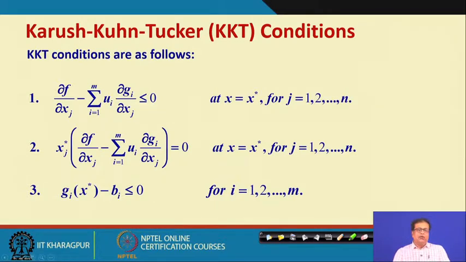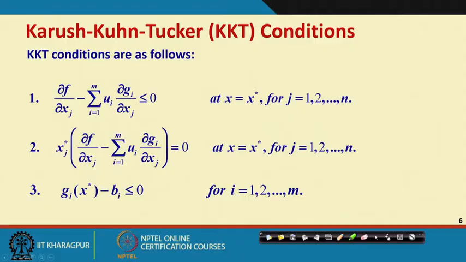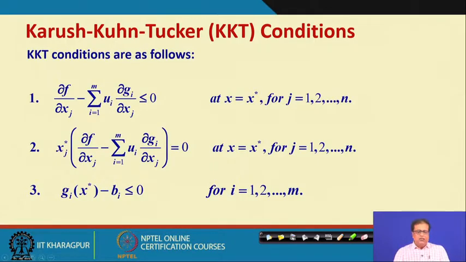So, this is more like the differential condition. We have the objective function and we also have a series of constraints. If I multiply those constraints by our multipliers, that is the ui's, say the first constraint by u1, second by u2, third by u3, etcetera, and then differentiate, taking appropriately, that is very important, the negative sign.